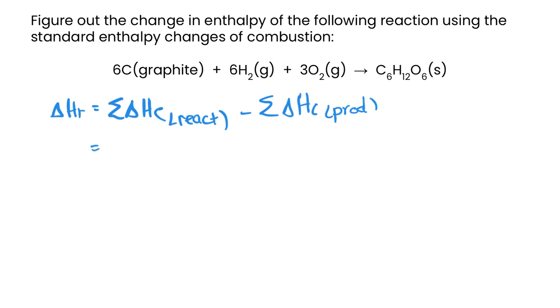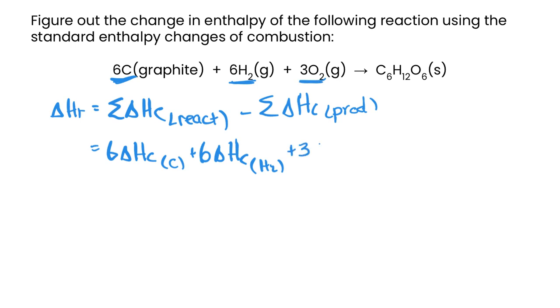Expanding that out a little further, we have 6 carbon graphite, so we would have 6 times the enthalpy change of combustion of carbon. We have 6 H2s, so we'd add 6 times the enthalpy change of combustion for H2. We have 3 O2s. I'm going to throw it in. We know that the enthalpy change of combustion of O2 is 0, but it's good practice to include it here. And then we're going to subtract our products. We only have one of those, so we just have the enthalpy change of combustion of glucose.